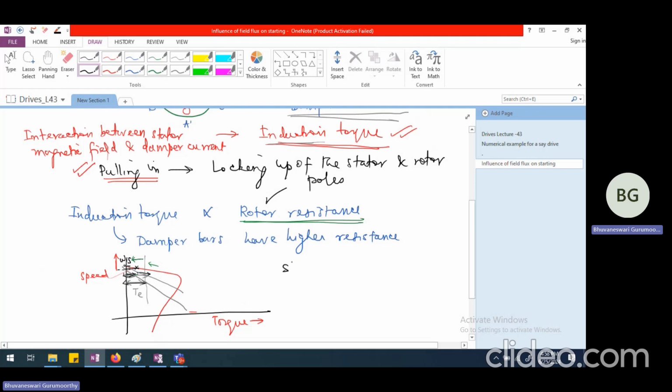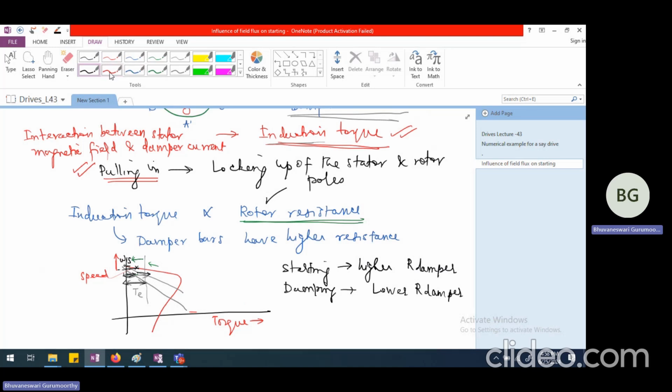So starting performance is better for higher damper resistance, whereas damping performance is better for lower damper resistance. So we always have to strike a compromise, a via media, so that both starting performance and damping performance are somewhat acceptable.